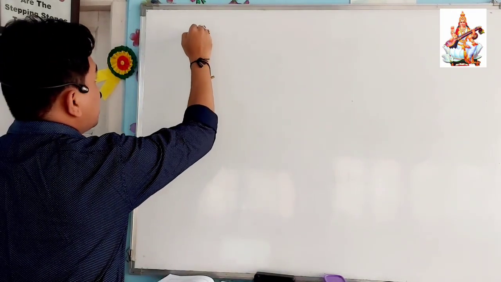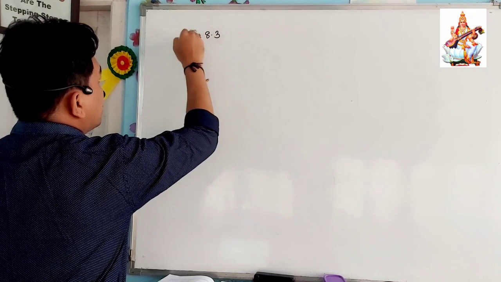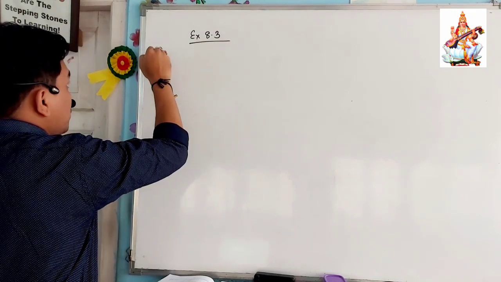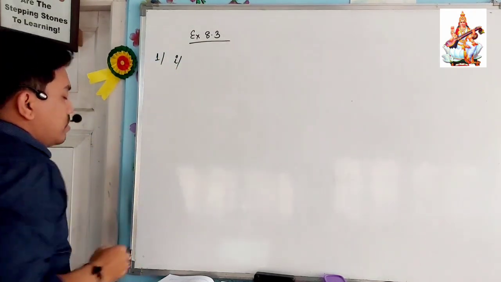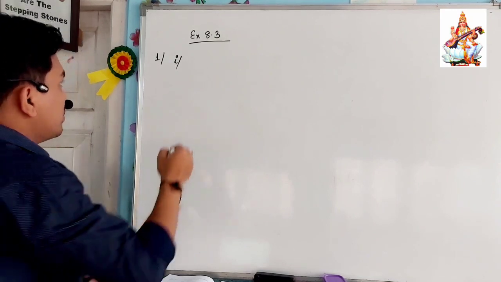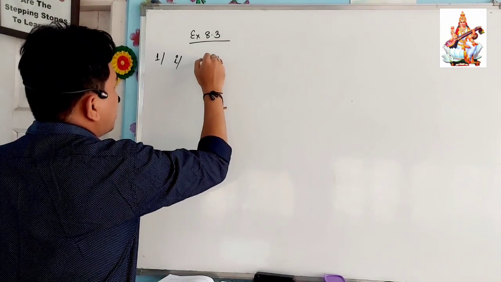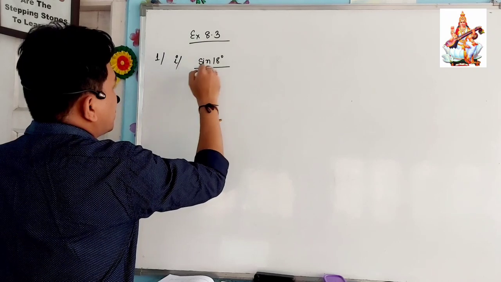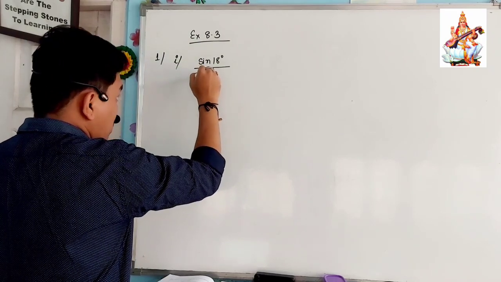Exercise 8.3. Question number 1. What is given? Sine 18 divided by cos 72.